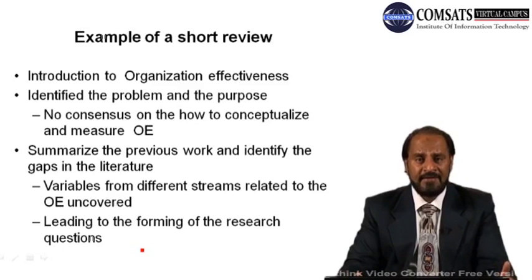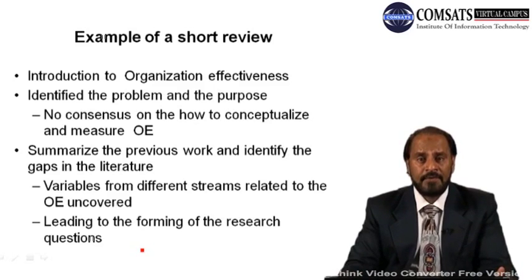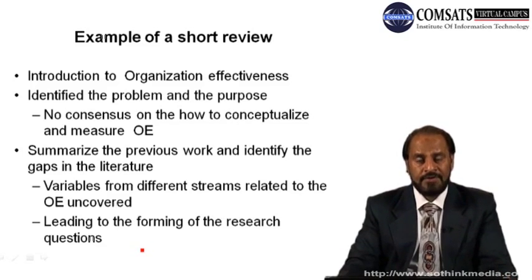Within the existing literature, while writing the review, the authors tend to bring out the gaps, and based on those gaps they are able to clearly define their research questions or research problems.